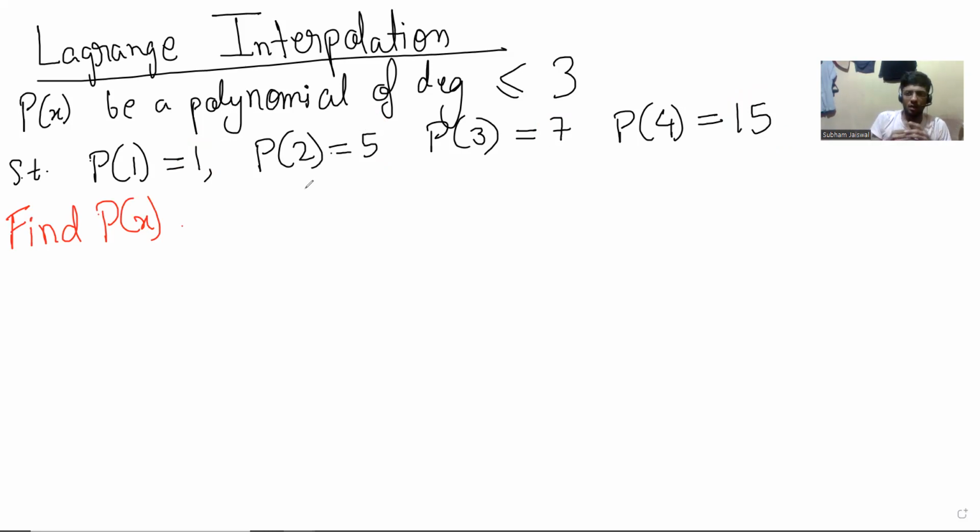So before we try to find P(x), let's say, can you tell me why P(x) has to be unique? Can any one of you explain why? Why is there at most one such polynomial?